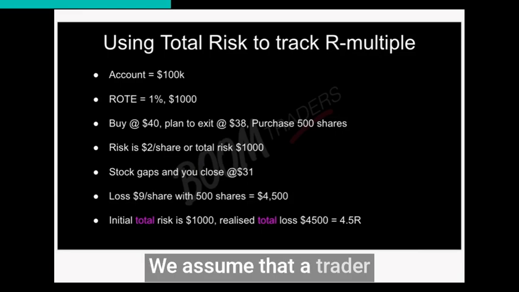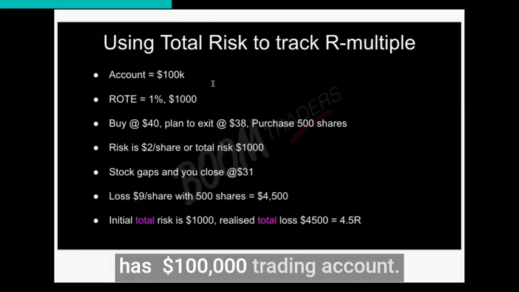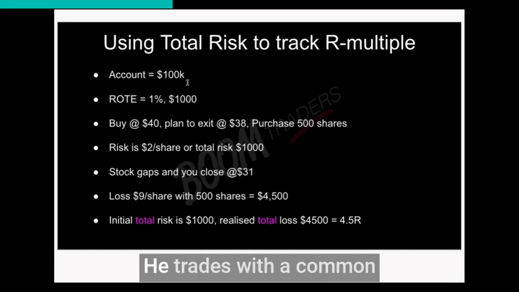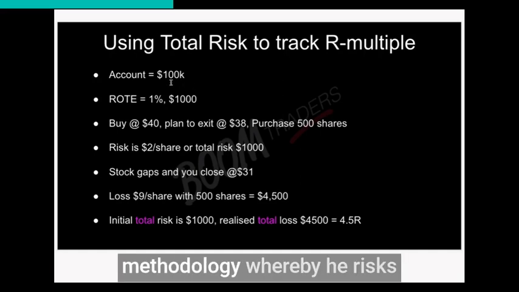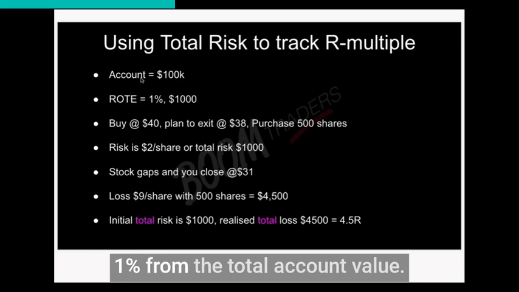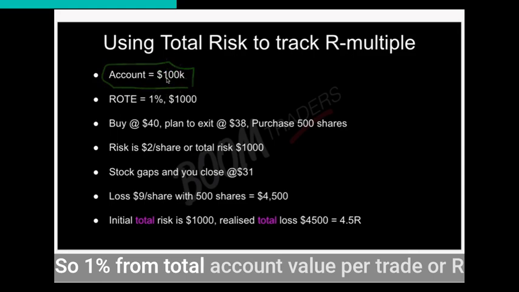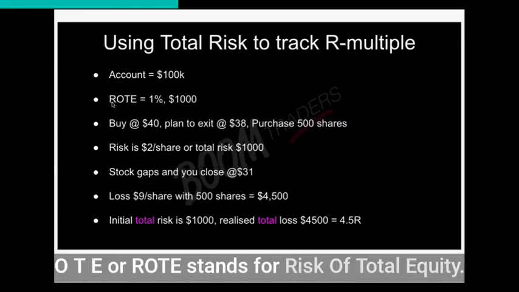We assume that a trader has a $100,000 trading account. He trades with a common methodology whereby he risks 1% of the total account value. So 1% of total account value per trade, or ROTE. ROTE stands for risk of total equity.